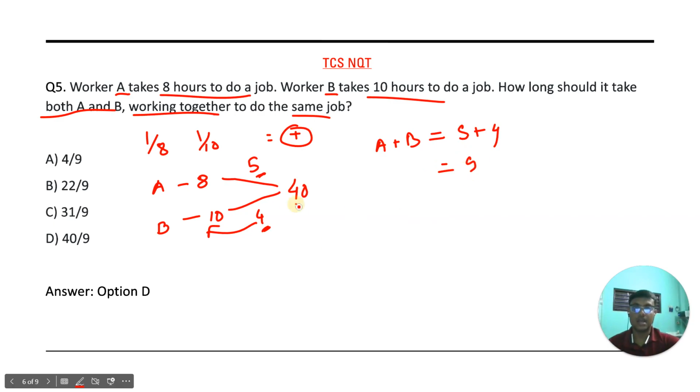Hence, we have 40, which is the total work. Now, we divide 40 by their per hour work, which is 9, and this gives out the final answer, which is option D. Hope you all got the short trick.